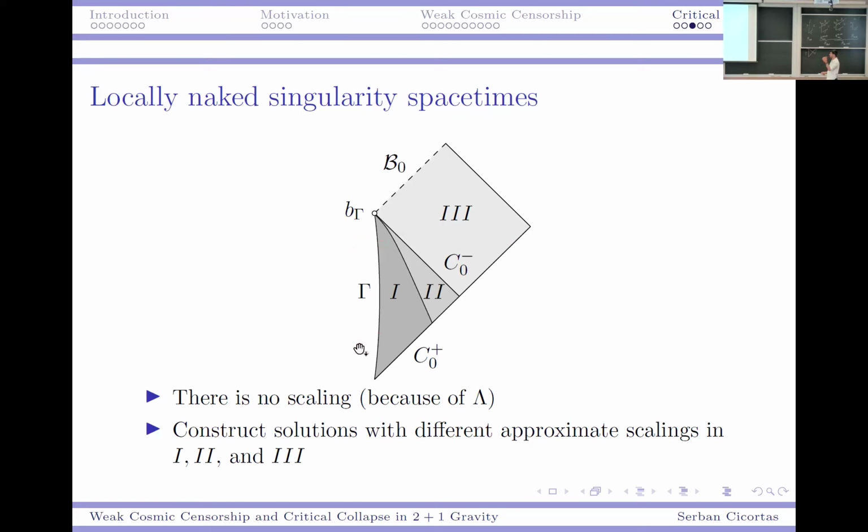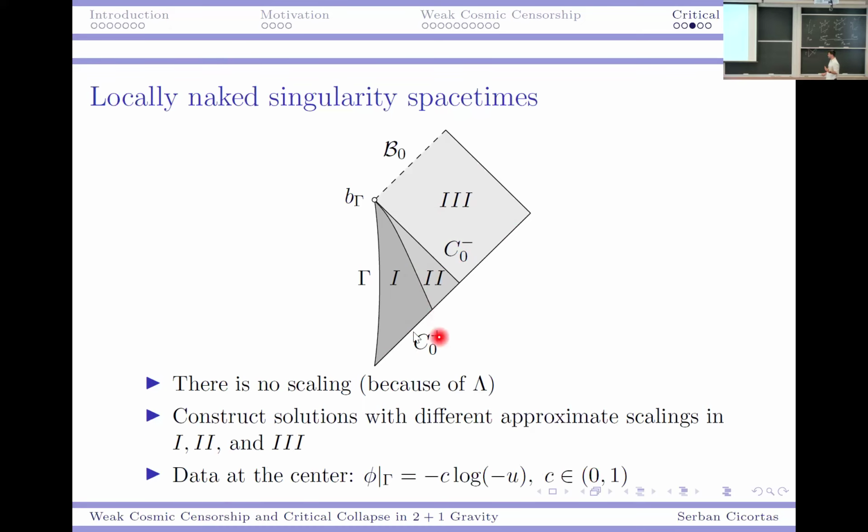But precisely because you expect these regions to have different scalings, it's very hard to come up with data on C0 plus, because you would have to prescribe something that already sees all these behaviors. So instead, we start with data at the center. We prescribe data precisely at the center, then evolve sideways from here, construct the whole solution, and only at the end infer what the initial data on C0 plus was.